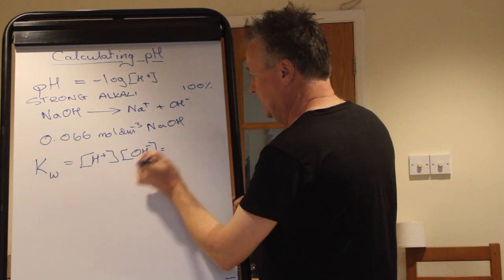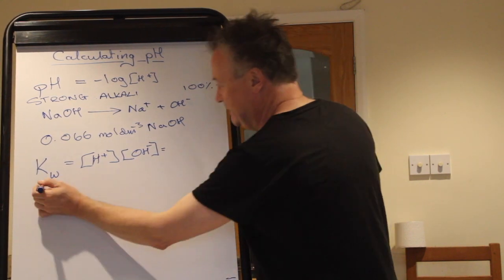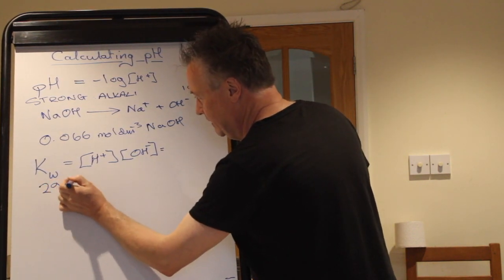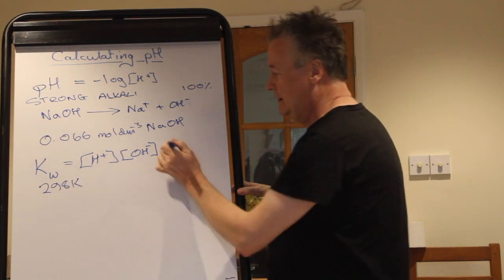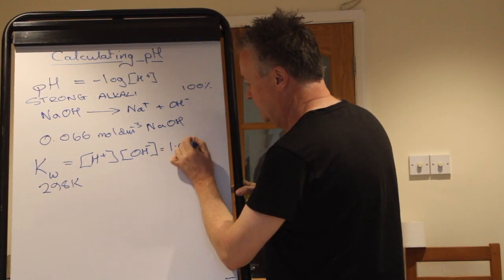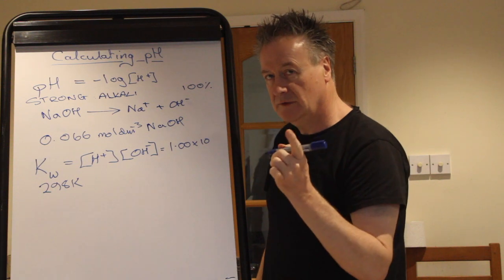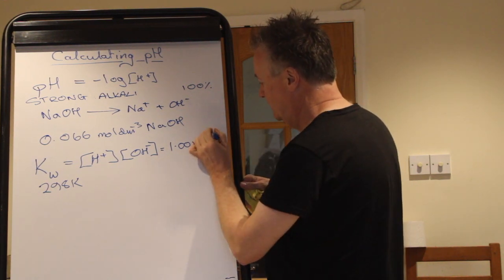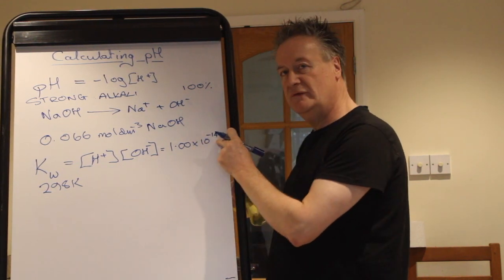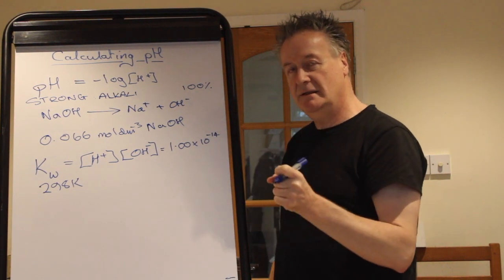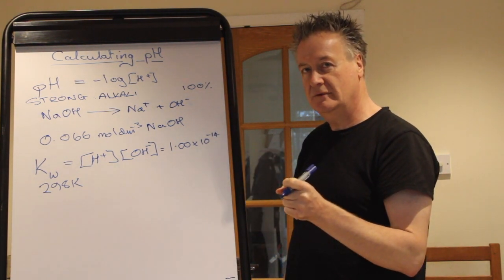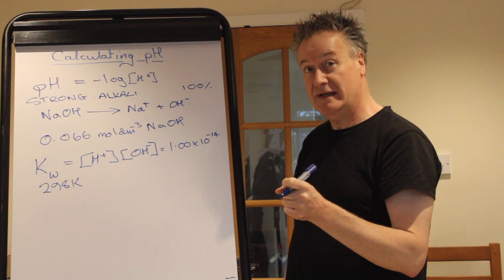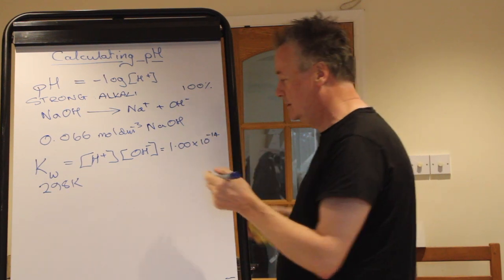So at 298 Kelvin, the standard sort of temperature that we always talk about, it has a value of 1.00 times 10 to the minus 14, because that's the highest pH you can have. And that's why, because of Kw.